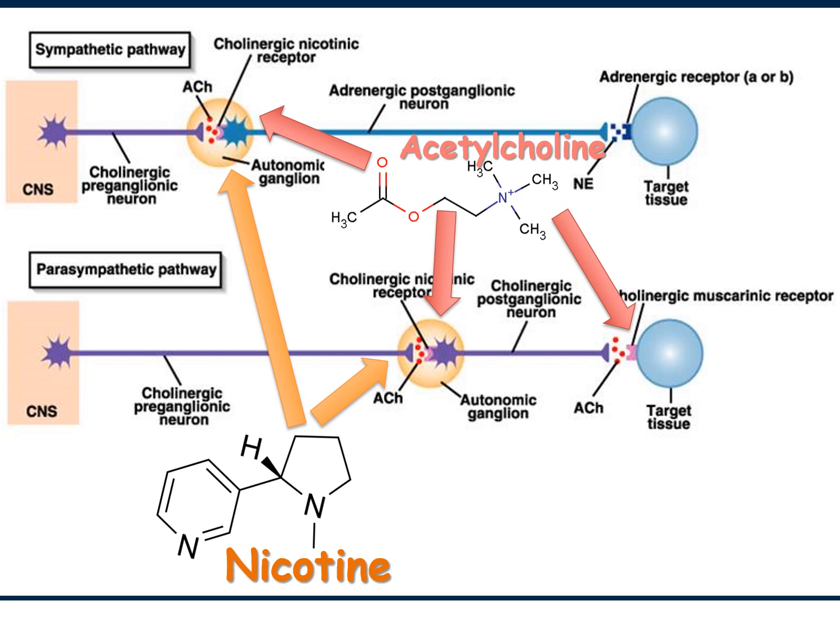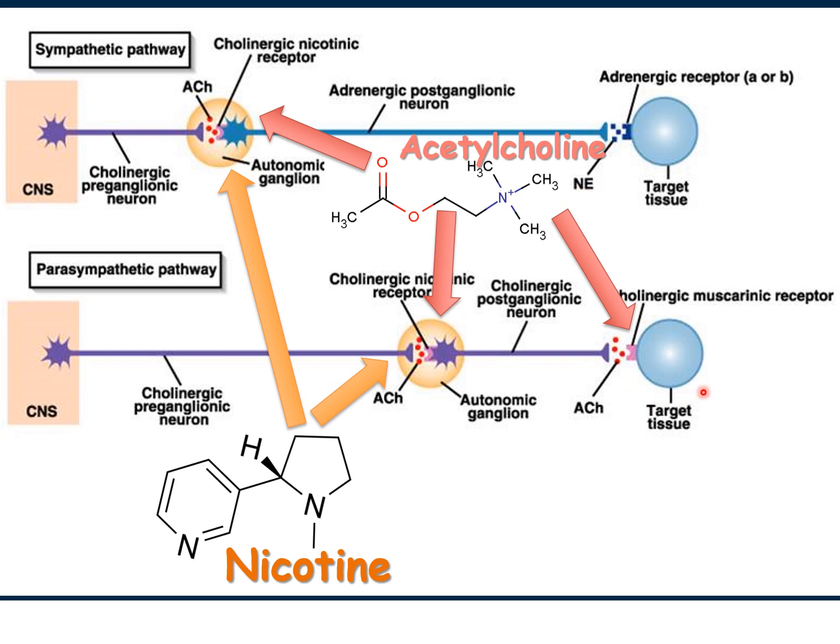So the first synapse is always a cholinergic nicotinic synapse. The neuron is secreting acetylcholine, so it's a cholinergic neuron. Sometimes you will see it referred to as a preganglionic neuron. So when we're talking about autonomic systems, if you see preganglionic, you know it's secreting acetylcholine. You also know that in the ganglia, those receptors are sensitive to nicotine.